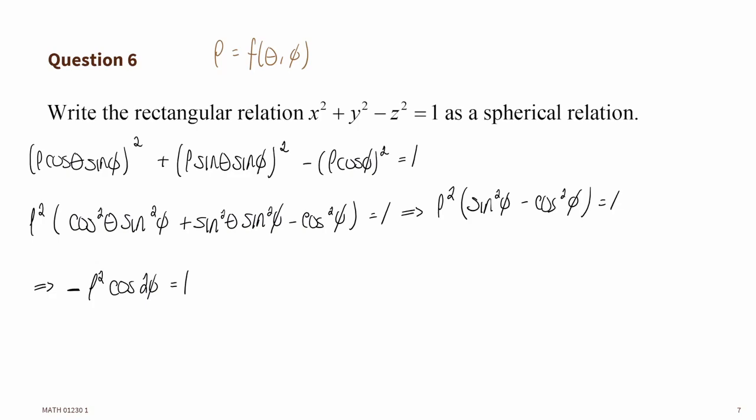Does this make sense? Negative rho squared cosine 2 phi is positive 1.